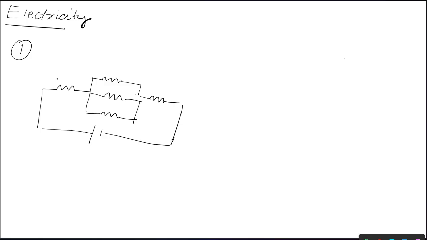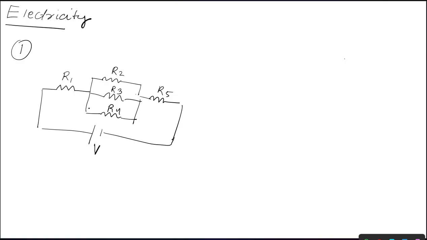So this is resistor 1, this is resistor 2, resistor 3, resistor 4, resistor 5, and this is the battery. Okay, fine.